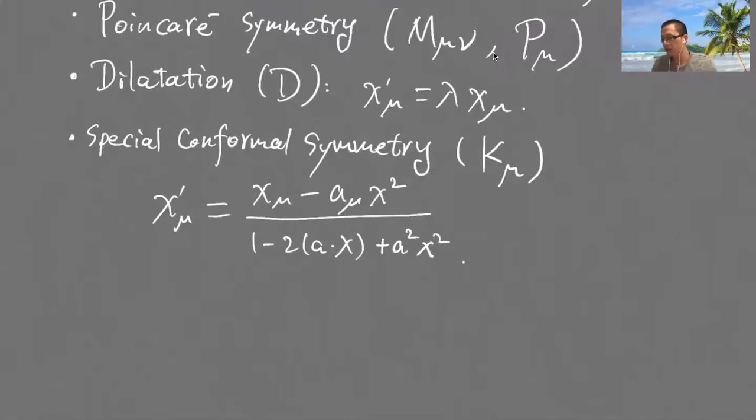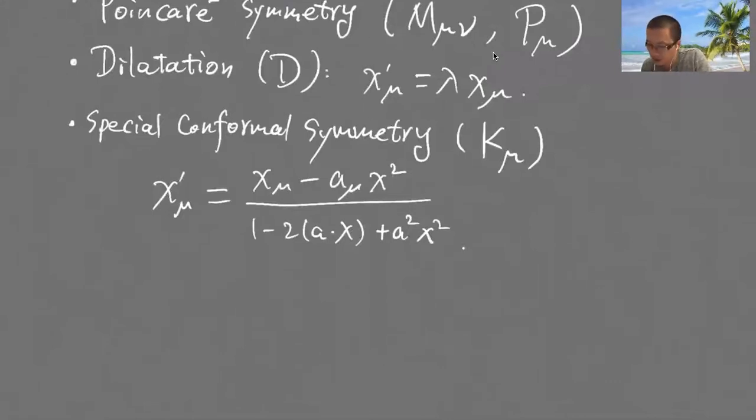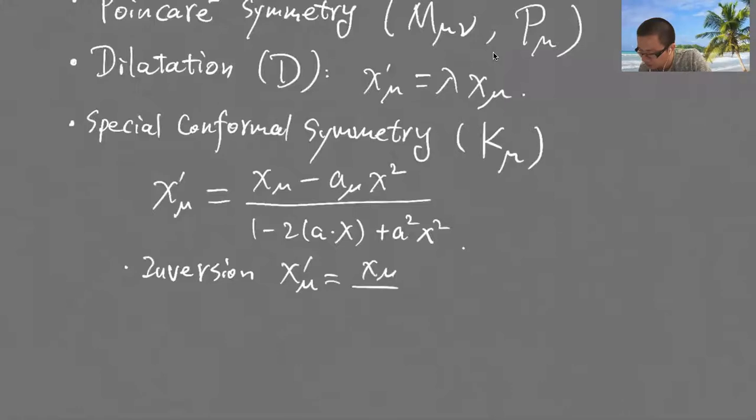So the special conformal transformation looks a bit complicated. However, it can be generated by a combination of simpler transformations. It turns out it can be generated by the following combination. First, you do an inversion, which takes x to basically 1 over x.